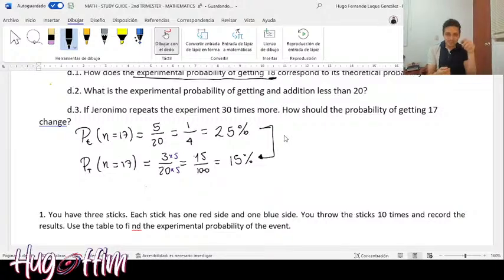In terms of spinning our spinners, it means that I expect fewer 17 outcomes during the next 30 times experiment. Obviously we don't know what's going to happen. This is something that we expect, but we have no idea. Okay, that's the second question.